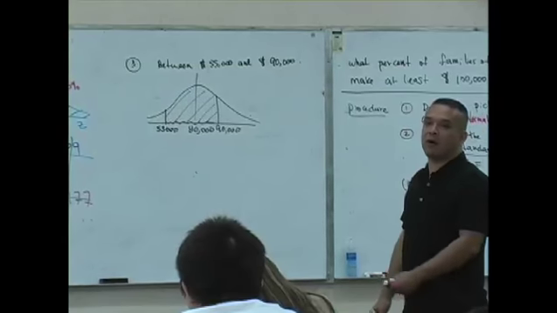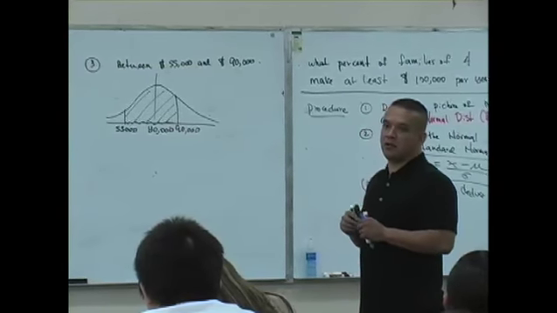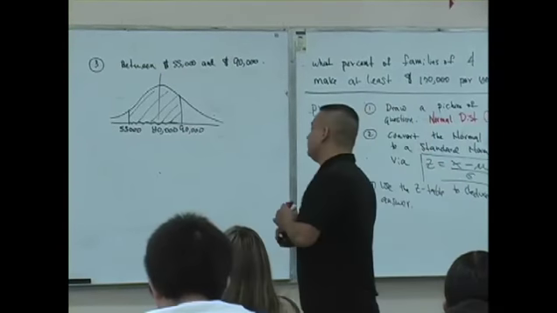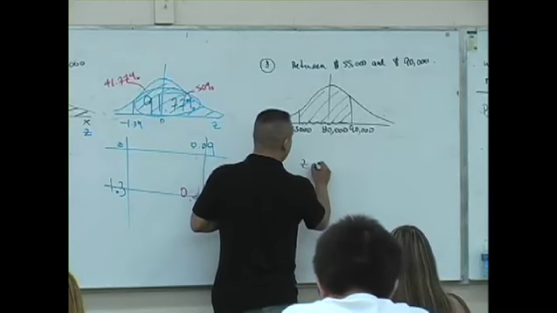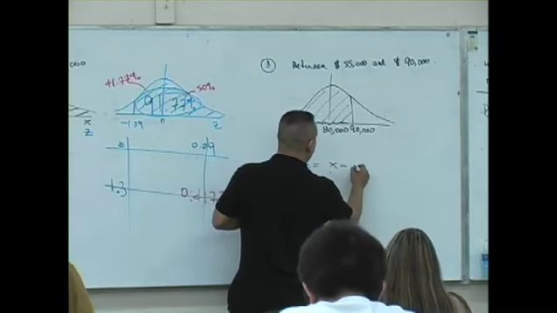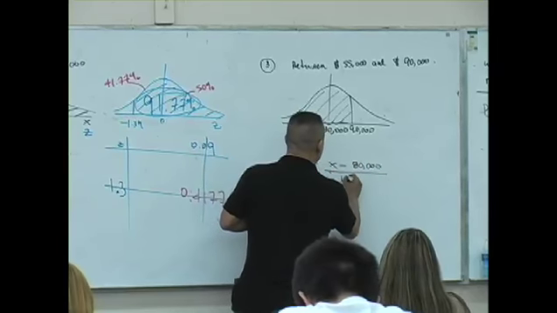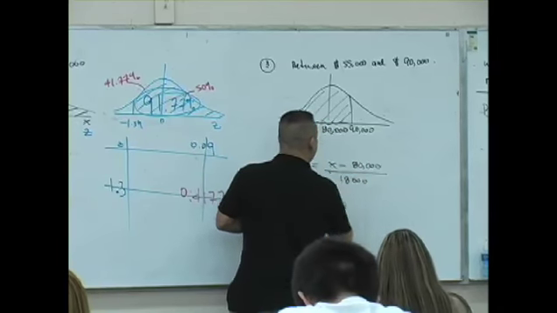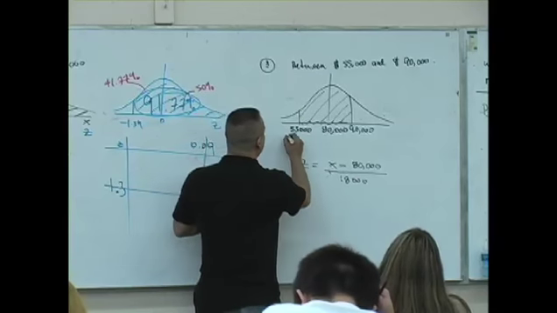Anybody have any questions on this part? I just drew a picture of the question. What's the next step? Convert. What do you convert using? X minus the mean, 80,000, divided by the standard deviation, 18,000. That's your conversion formula.